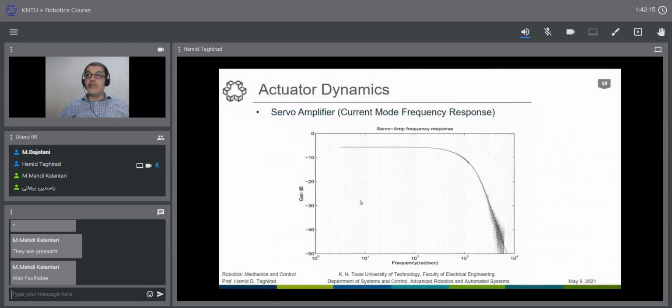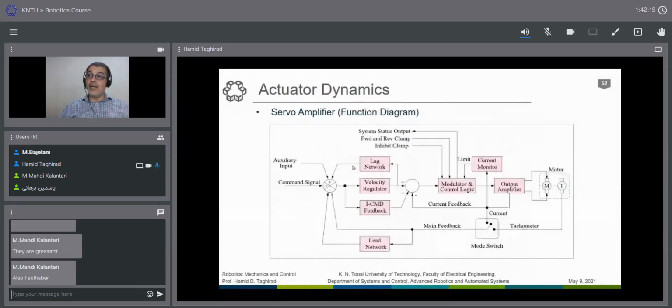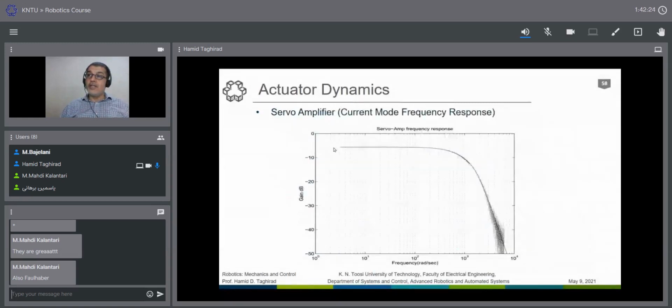This is also a frequency response of the system, a true frequency response. If you have this feedback working well, even in a current mode, as you see, we can see the motor as a torque source up to about 100 radians per second, about 10 hertz or so.